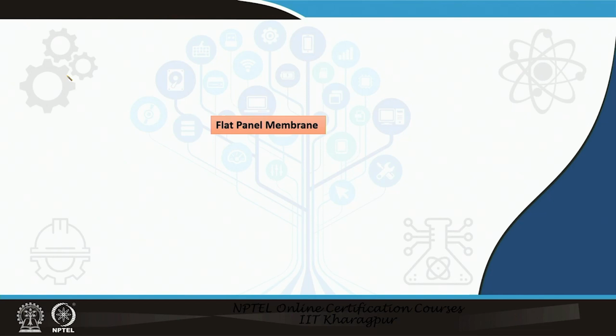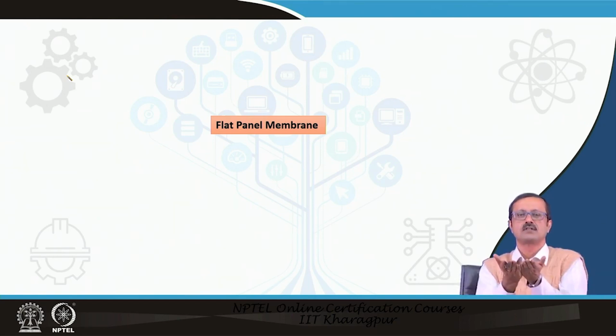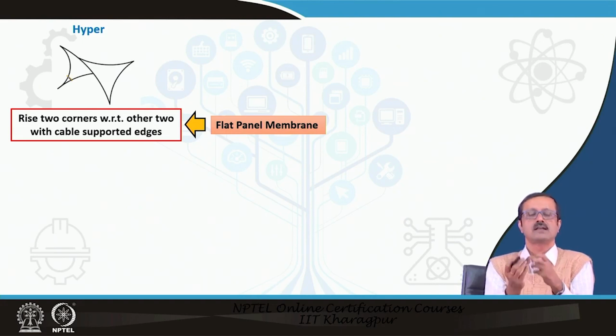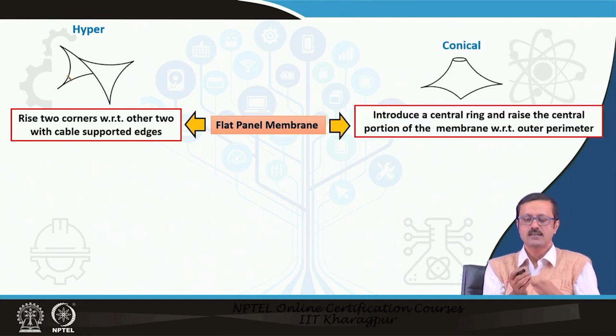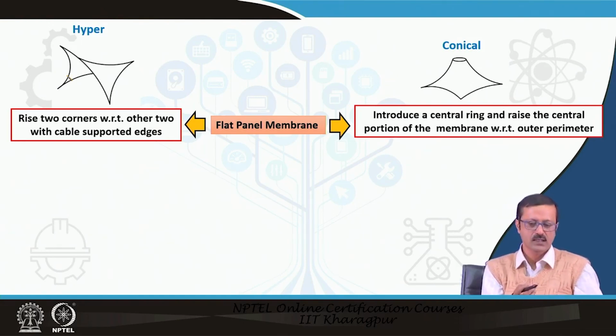So, if I take a flat panel membrane, suppose it is a handkerchief kind of a thing. Raising two opposite corners can create a hyper, and raising the middle part of the handkerchief and placing the outer perimeter below a certain level with respect to that central level is going to give a conical.